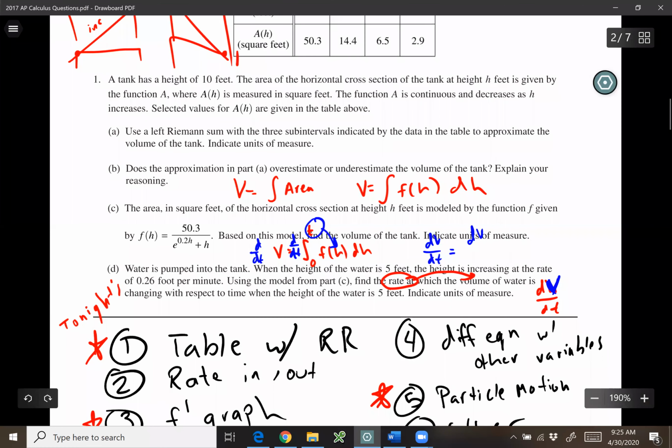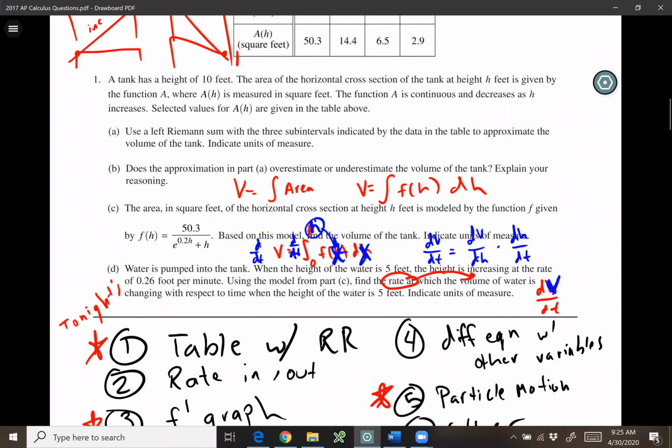This is a little bit weird, and sorry, this is because this is an h here. This should have been an h, and this should have been a dt, or really x dx, whatever you want to write it as. So it's going to be dV dh times dh dt.